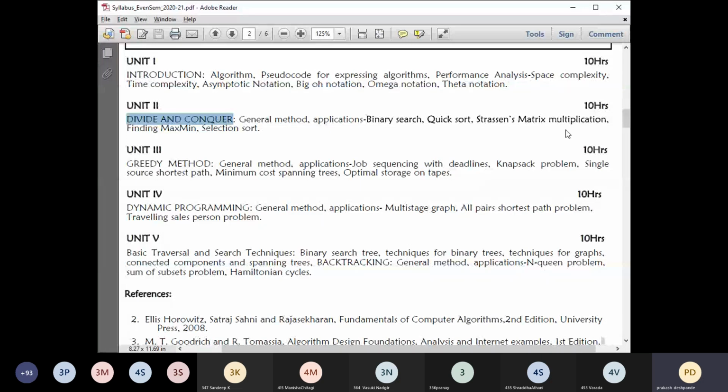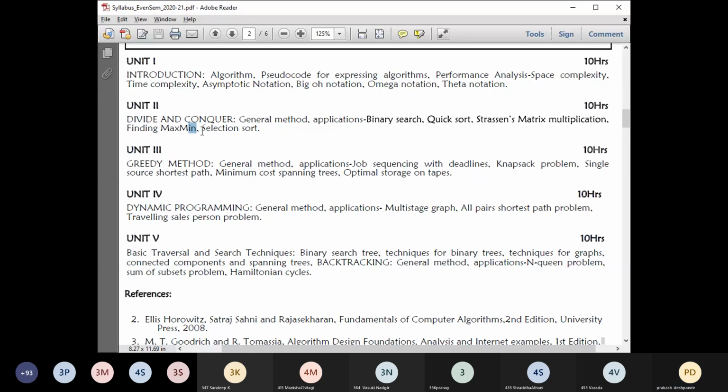So we are going to study this Strassen's matrix multiplication application, and then there is something called finding maxima and minima. Finding maximum and minimum means we are given a set of values, and from it we pick out the smallest element, that is the minimum, and the maximum.